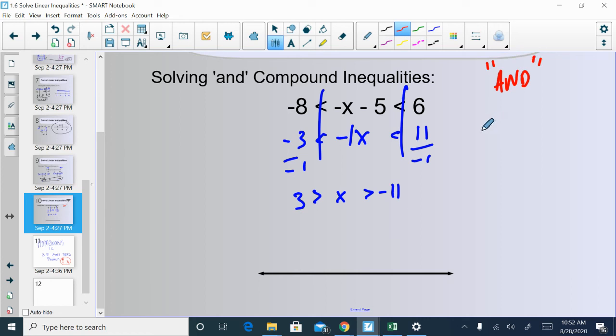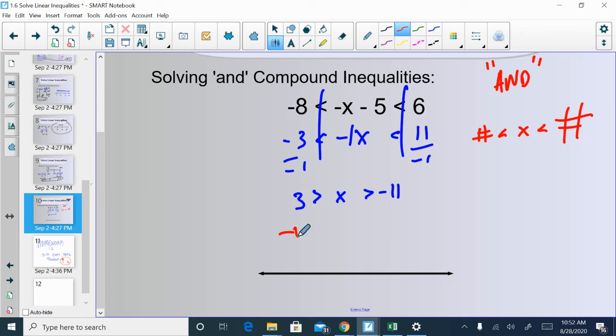They have to be written as smaller number, less than, x, less than, big number. Now, this is pretty much all wrong, right? It's the bigger number is greater than x is greater than the smaller number. So it's pretty easy to fix, but you just have to recognize that it is incorrect.